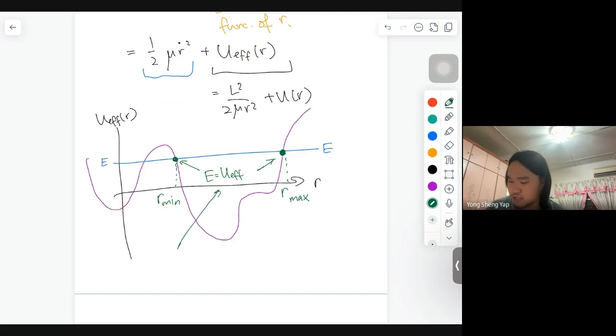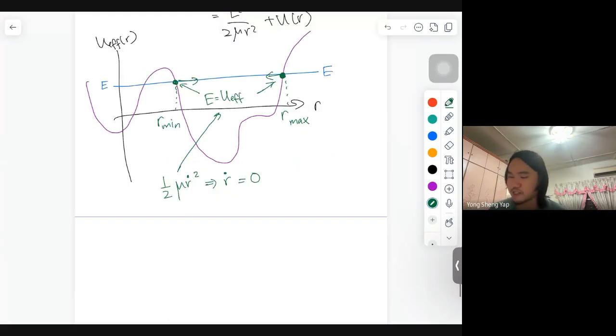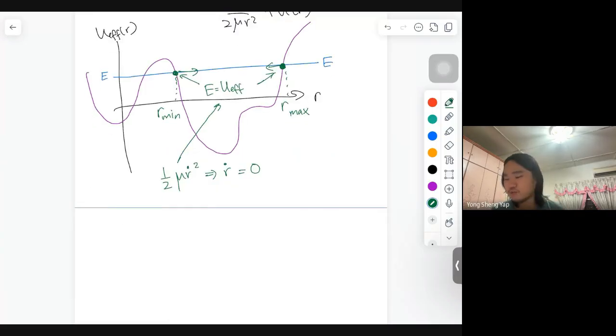What this tells you is that at these points there's no change in the radial velocity. So when the particle reaches these points, it must turn back and move to places with lower effective potential. So there are some energies in which this reduced mass is bounded by R min and R max.